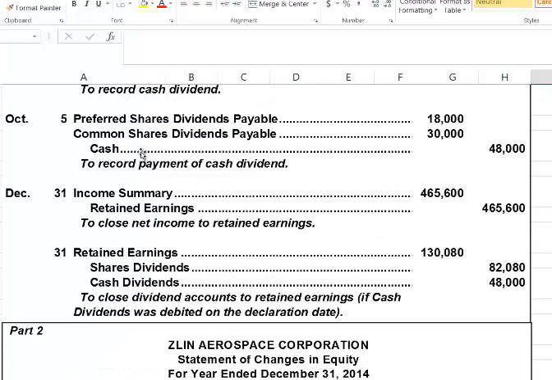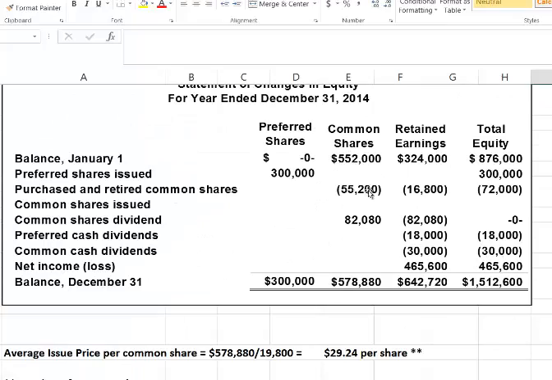So what happened? Well, again, go to common shares, reduce them by 55.2 and reduce retained earnings, meaning that we had a total reduction in retained earnings when we debited those two accounts back on January the 1st of $72,000.